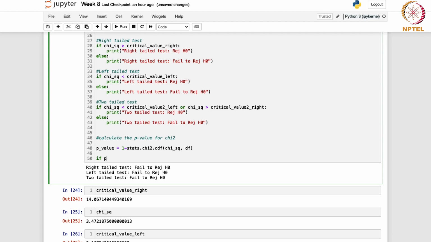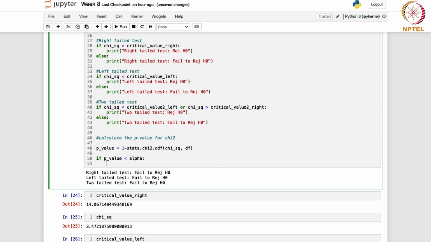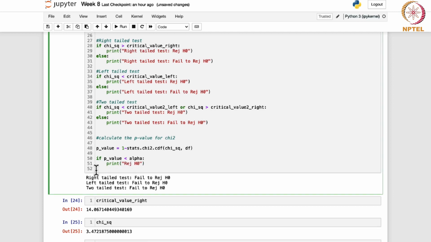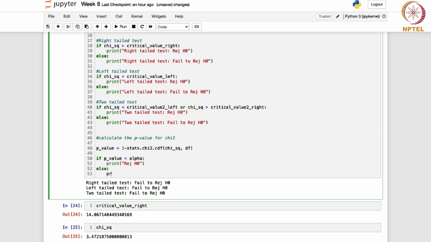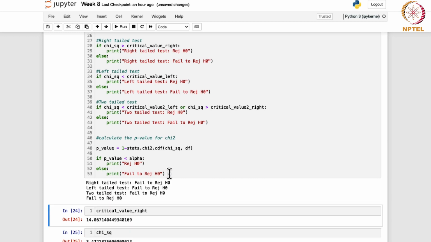So if p-value is less than alpha, you print reject H0, else print fail to reject. So again it is giving you fail to reject.